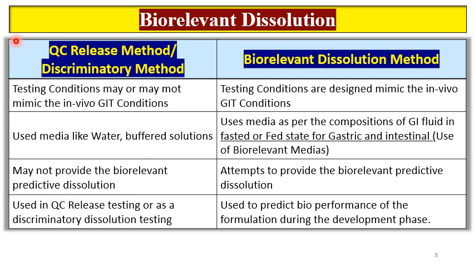In QC release method, we use 0.1 normal HCl and other concentrations of hydrochloric acid. Then buffered solutions like pH 4.5 acetate buffer, pH 7.5 phosphate buffer and other buffers. But in biorelevant dissolution, the medias are used which can mimic the fasted or fed state of the gastric and intestinal area.